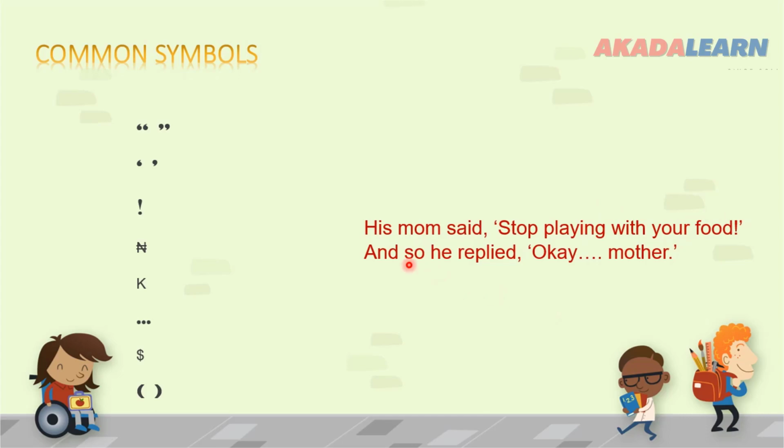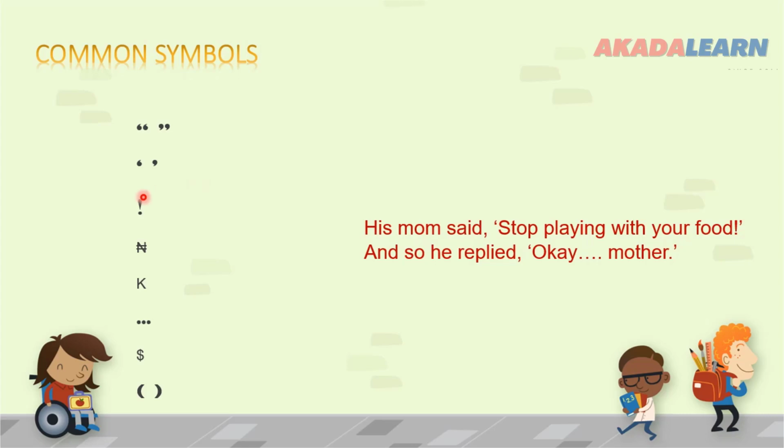And now, and so he replied, and then it starts here to tell us what he said, what he said back to his mom. "Okay, mother." See, then it closes it. So these are quotation marks, and they tell us what a person or a character is saying.